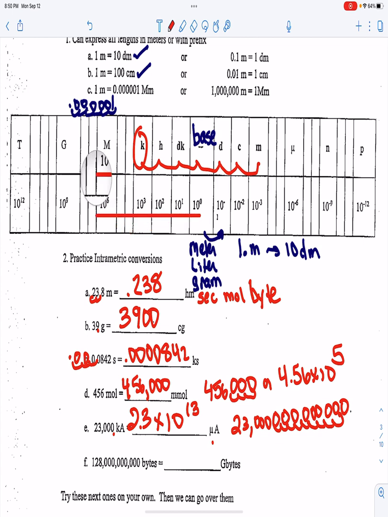And 3 more is 9. So I move 9 spaces. So if my decimal's here, I'm moving 9 spaces to the left. So 1, 2, 3, 4, 5, 6, 7, 8, 9. So 128 billion bytes is 128 gigabytes. That's typically what the memory is on your Apple phone.